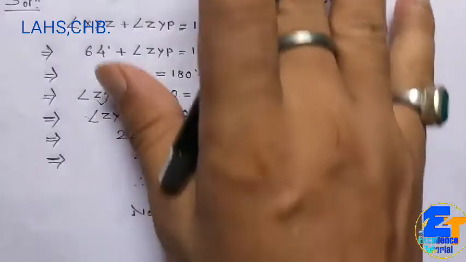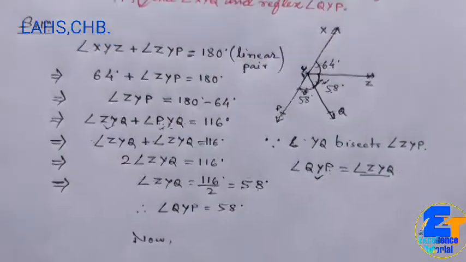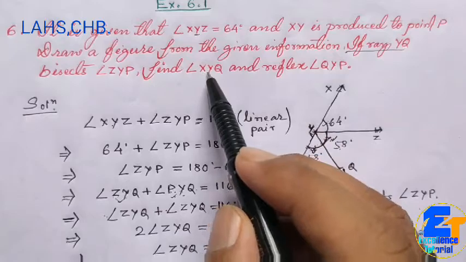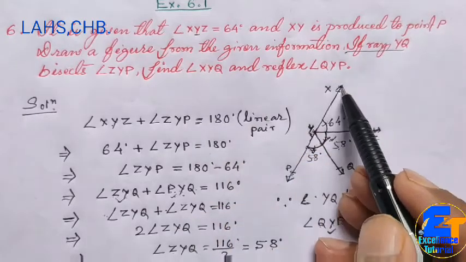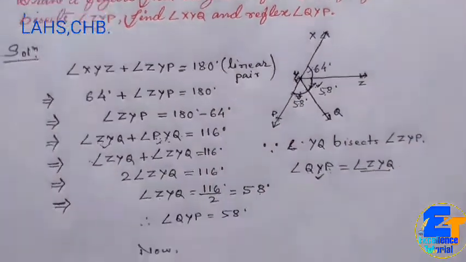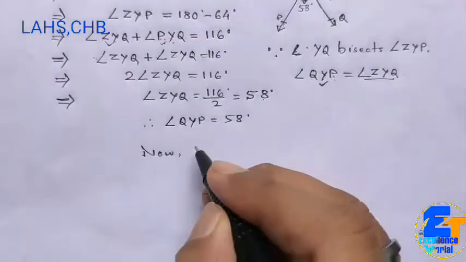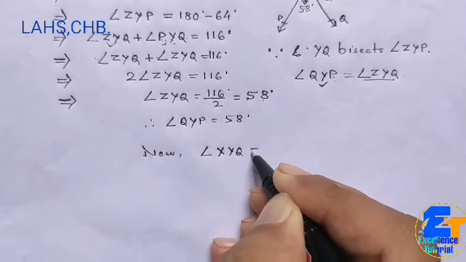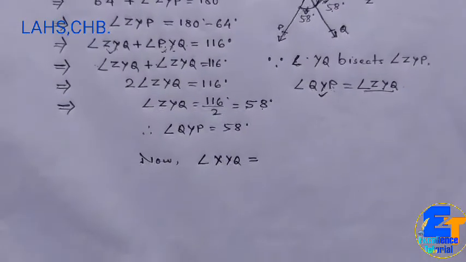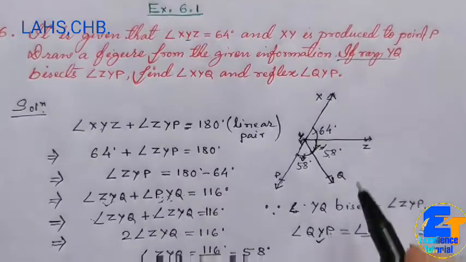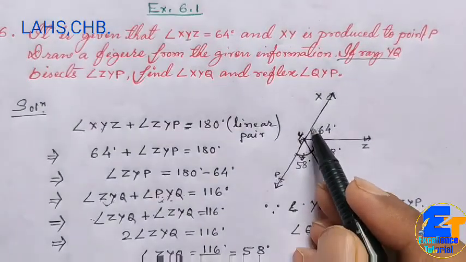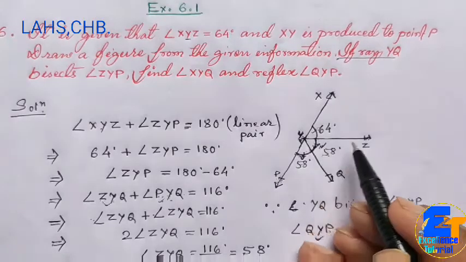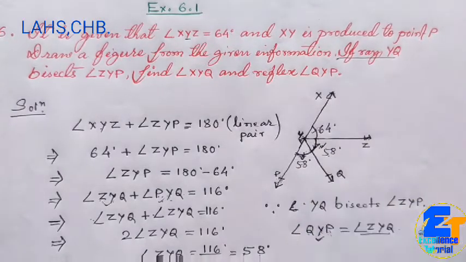This angle is given in the question, to find the angle XYQ. So angle XYQ is equal to the sum of these two parts, this part plus this part. The name of this angle is XYZ and the name of this angle is ZYQ.